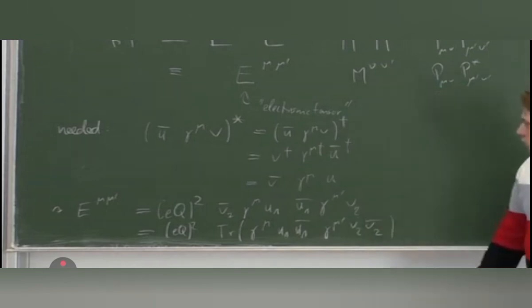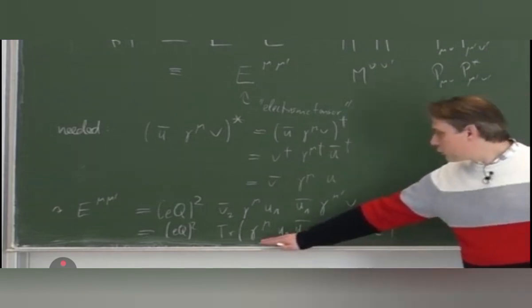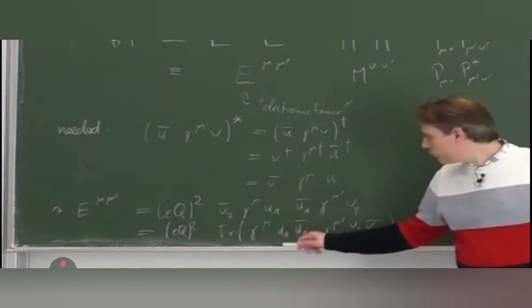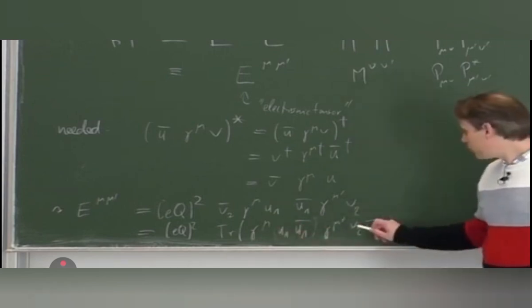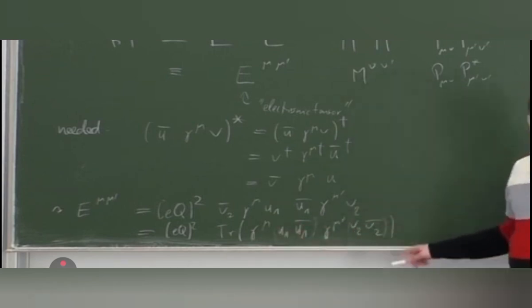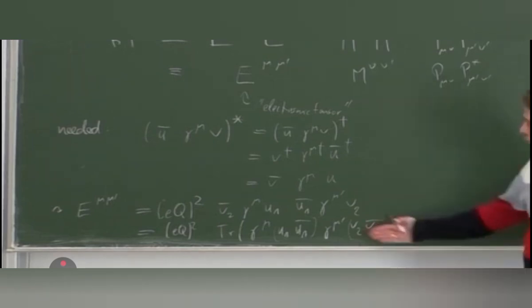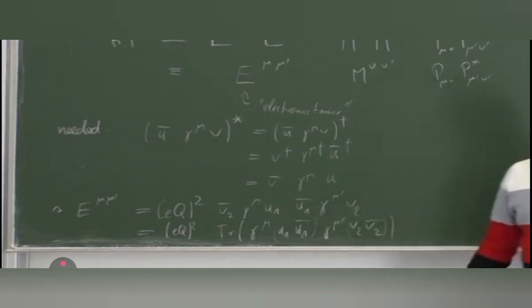And then we have here traces of 4x4 matrices. This object can be regarded as a 4x4 matrix, that object can be regarded as a 4x4 matrix, and so here we now have a trace of a product of 4x4 matrices.